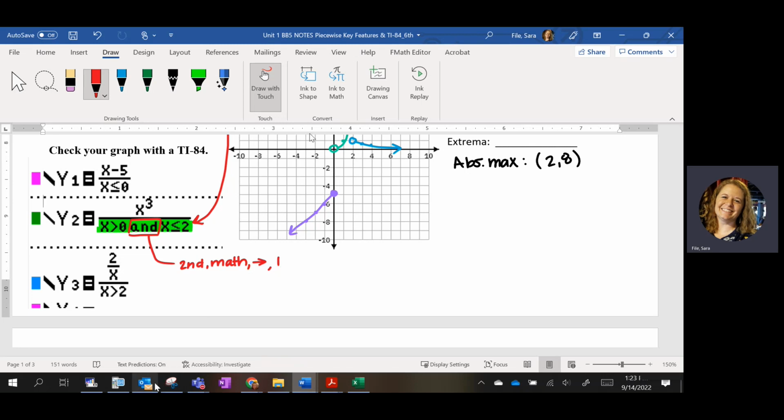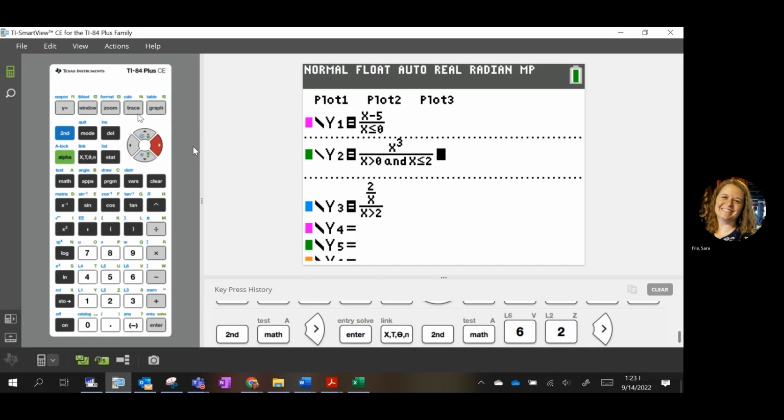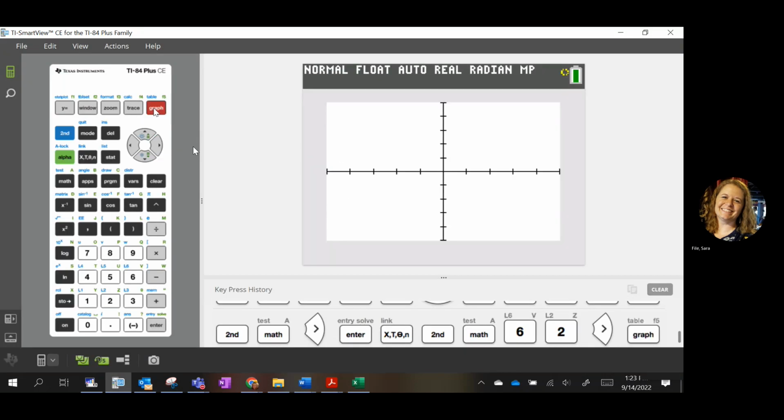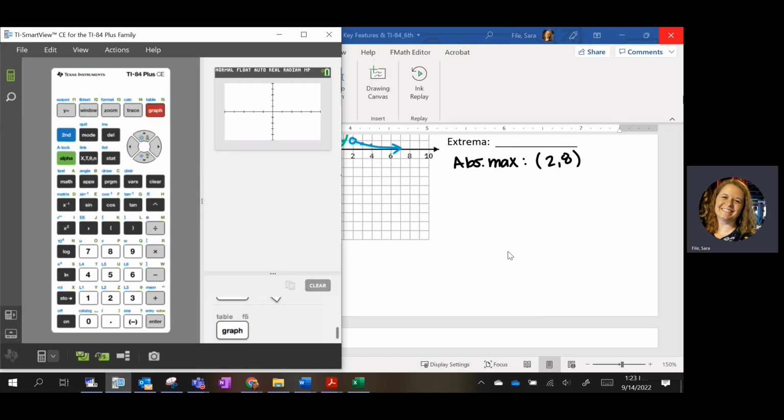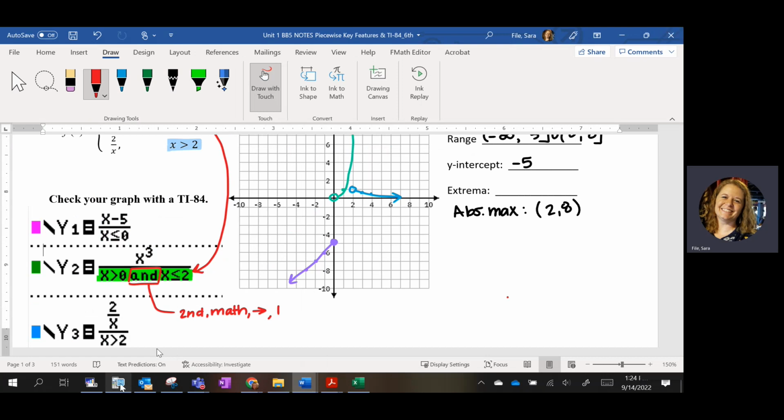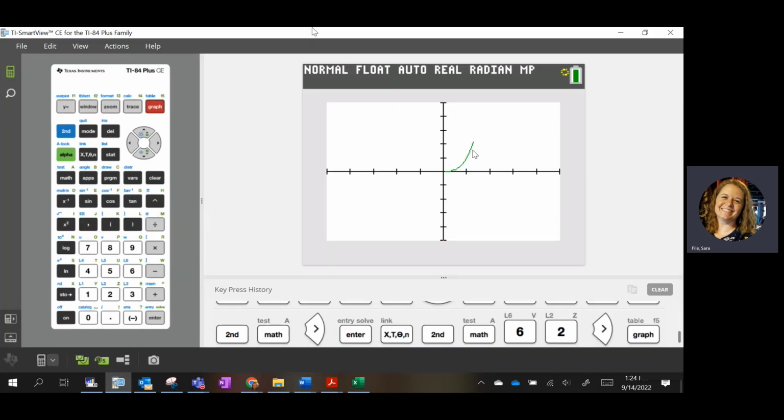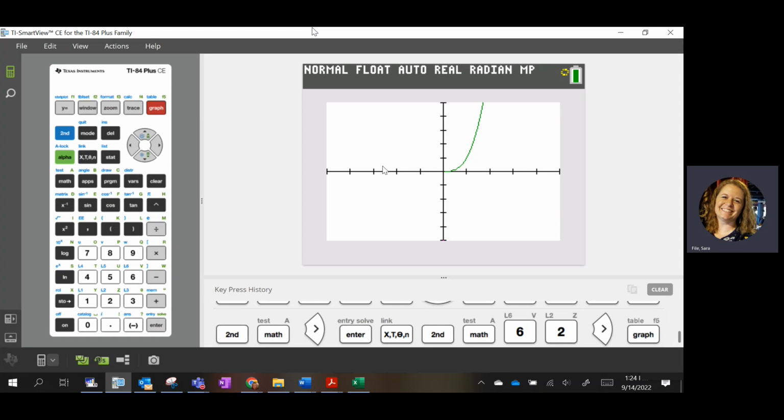Okay, so let's look at that graph. This window on our notes was -10 to +10. So remember on your calculator, if you have changed your window and you want it to go back to normal, do you remember the keystrokes to do that?